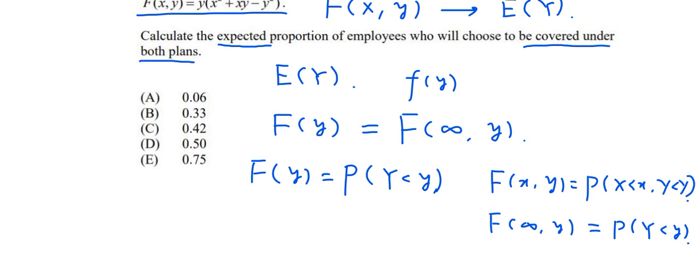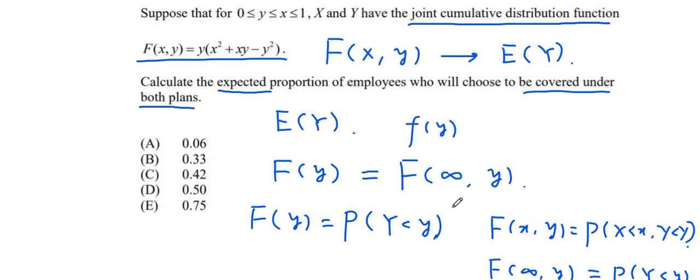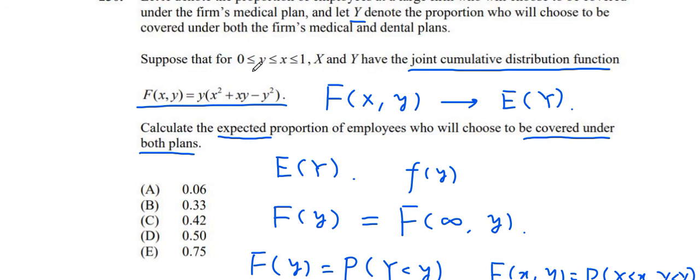So we just pick x largest. The largest x here is 1, so we plug in x as 1.